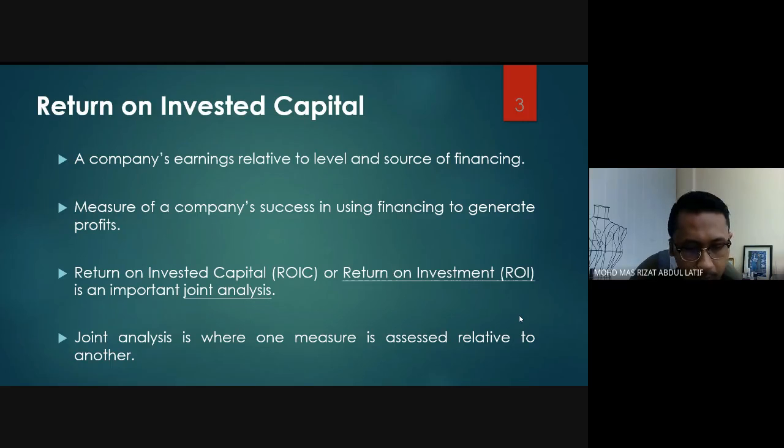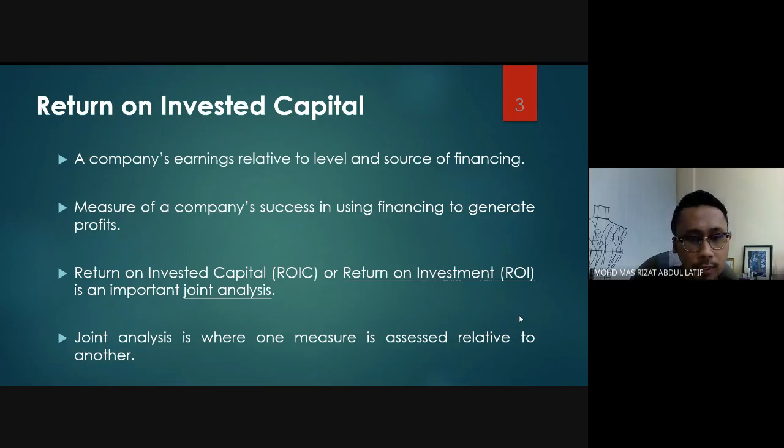The next page. So we can analyze company performance in several ways. Revenue, net income, and asset growth are performance measures in common use. Yet none of these measures individually are useful as a comprehensive measure of company performance. So we want to find the most relevant ratios that can cover comprehensively the performance of the organization.